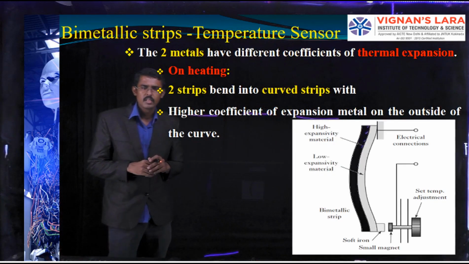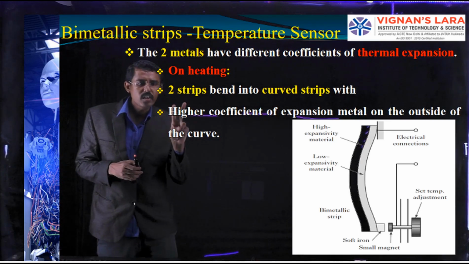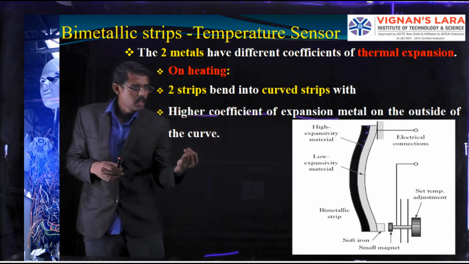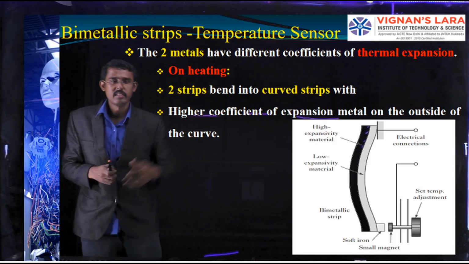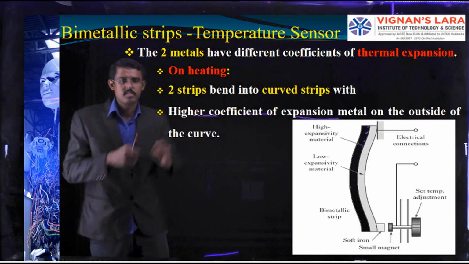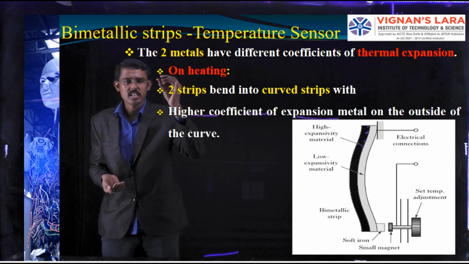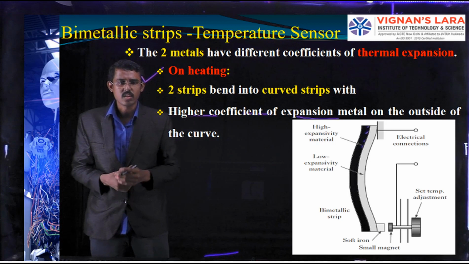The two metals have different coefficients of thermal expansion, that we know. Aluminum has high thermal expansion, and steel has low thermal expansion. In such cases, on heating, what happens?